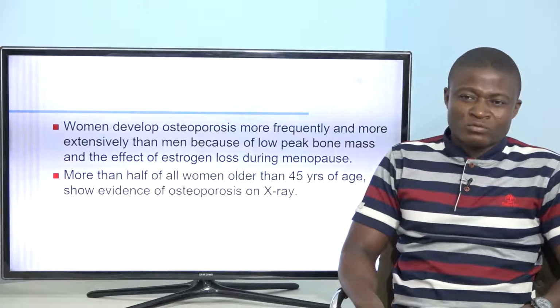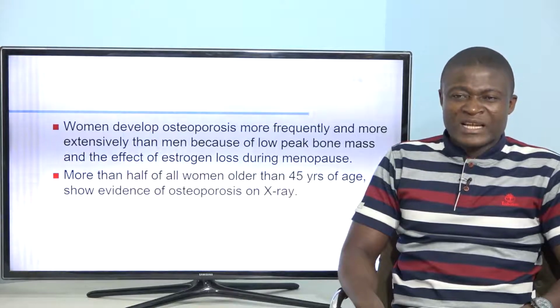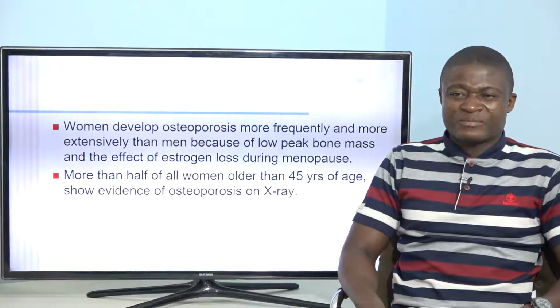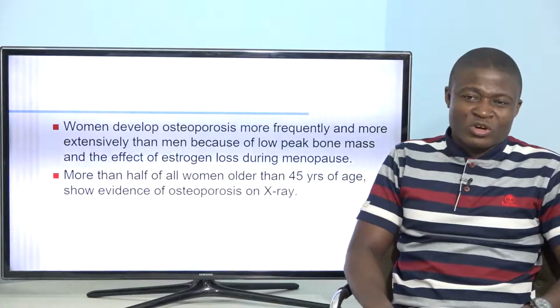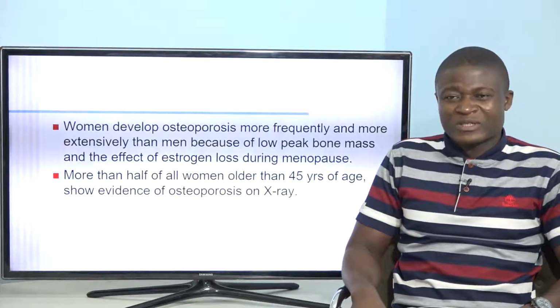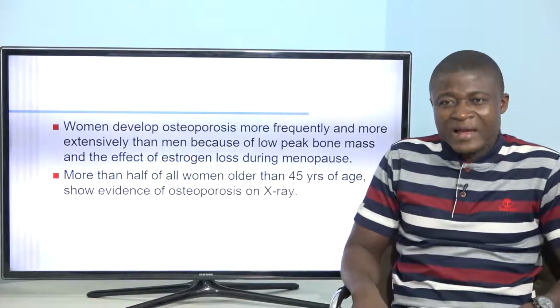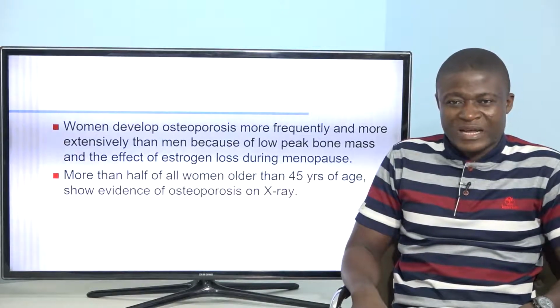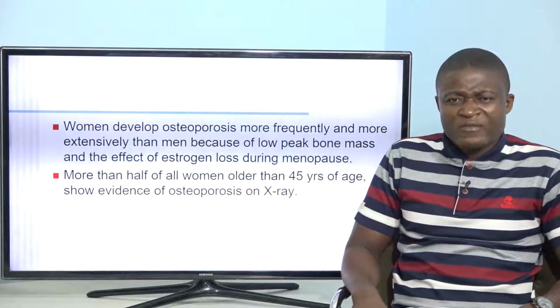So a thinner bone, and now unfortunately that thinner bone is reducing in mass because calcitonin is no longer working, and the estrogen that was also helping you is also decreasing or has totally stopped. So you can see why their situation gets worse from that time on. More than half of all women older than 45 years of age show evidence of osteoporosis on X-ray.